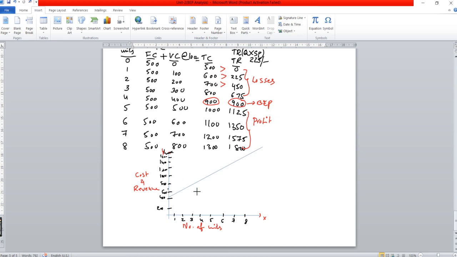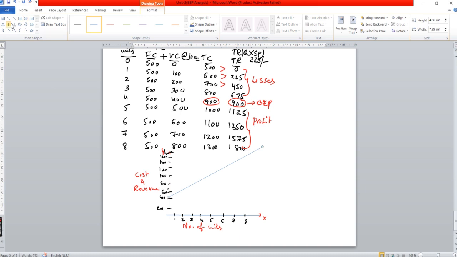This is the point of the total cost line, and the total revenue line starts from the origin here.